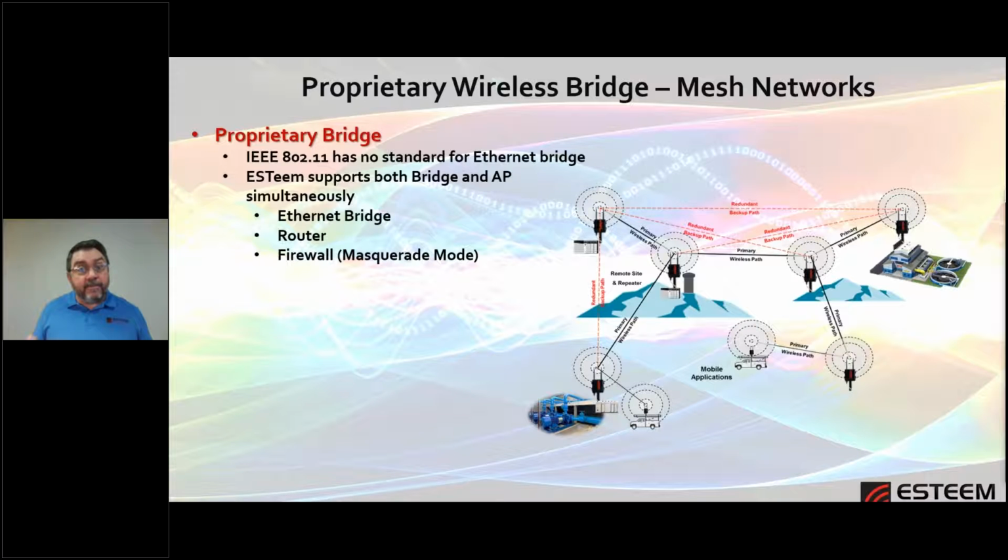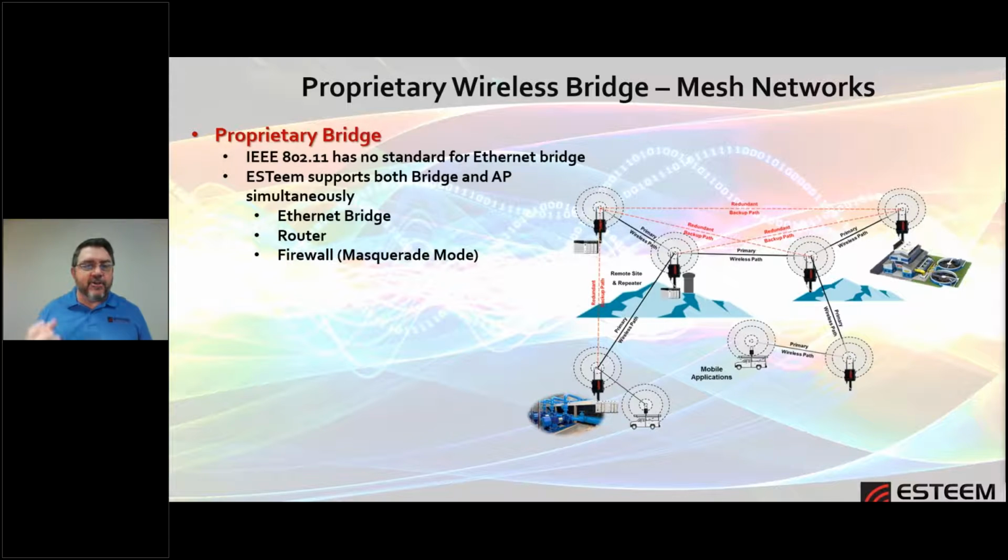Because of that, you either have to physically connect them together, or like what we've done, we give you the ability to connect those access points, those points creating this overall wireless canopy, remotely through the radio.